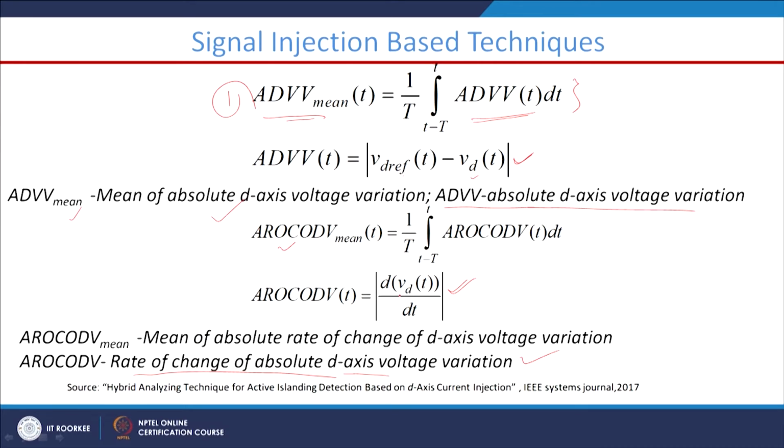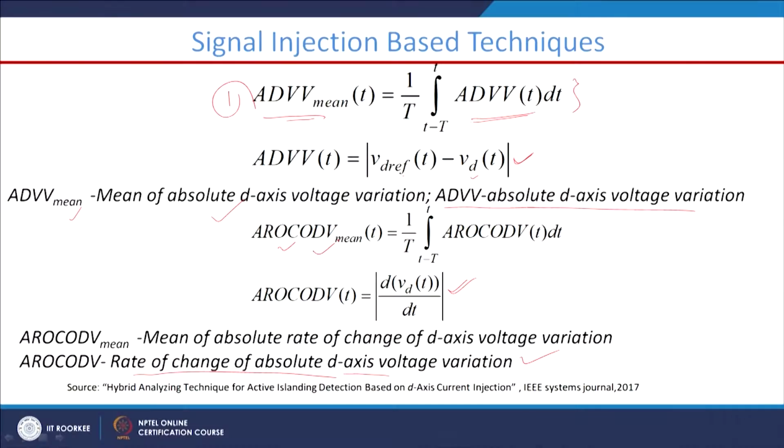It is the derivative of small v(t) divided by dt, the rate of change of this D axis instantaneous voltage. That is also another index to detect whether the microgrid is islanded or not islanded. After that we will take the mean of this rate of change of Vd. If we take this mean, it will also be another index.